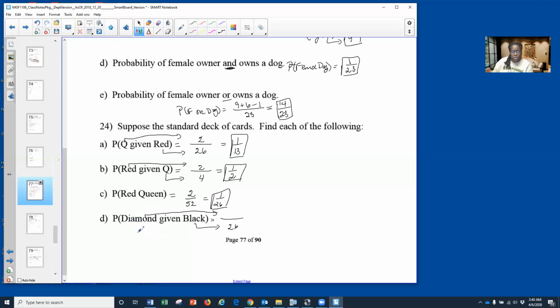Okay, so think about it now. We know what diamonds are, and diamonds, are they red or black? They're red. So is this possible? Not possible. So out of these 26 black cards, how many of them are diamonds? None of them. So our answer is 0, which means can't happen.